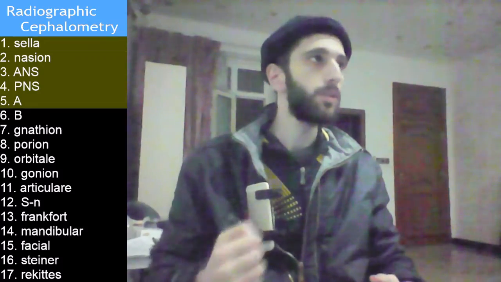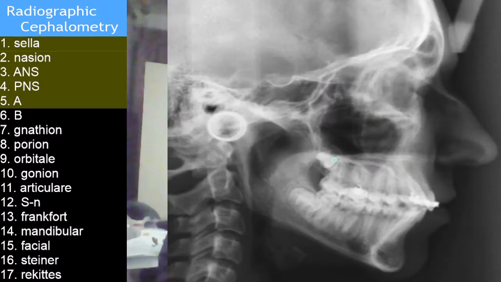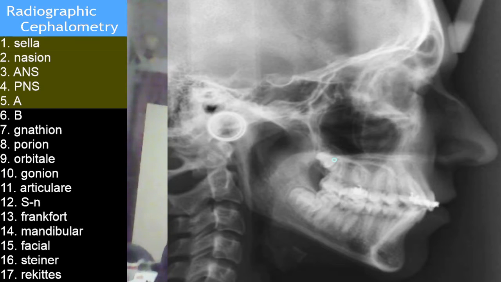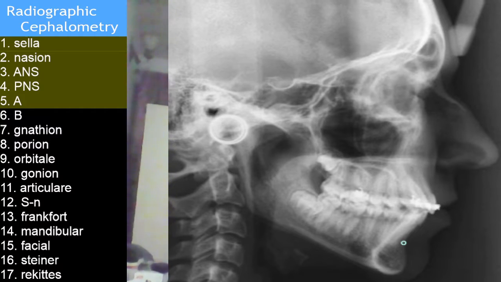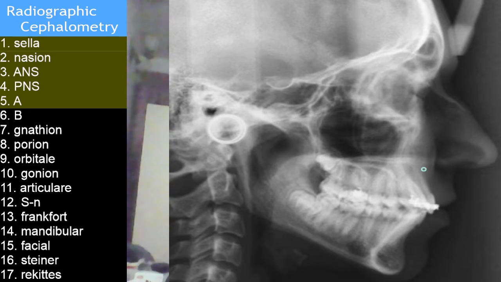There is a point called point A. It is a very important point to be considered, and I will read some definition about it.